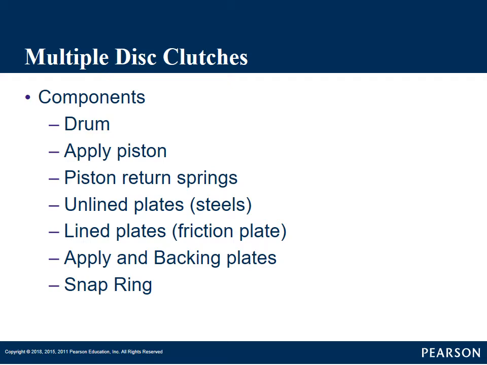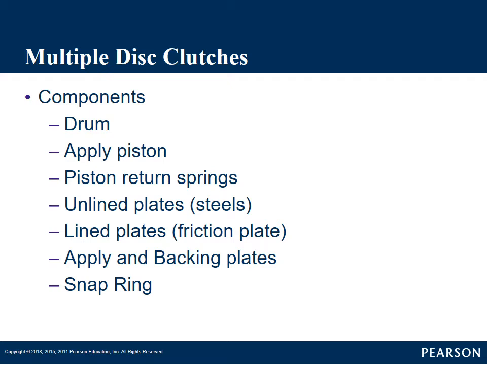We'll go through some of these components much deeper as we go through these lessons. Some of them are relatively self-explanatory, but the first one is our drum. This is essentially the housing of the clutch pack.